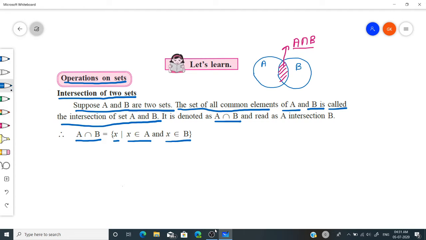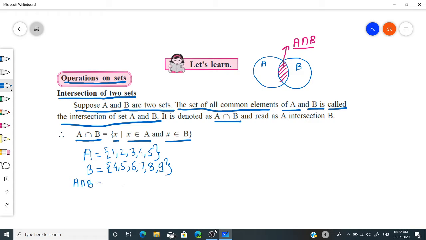Another example is in this way. Suppose here is the set A having the elements 1, 2, 3, 4, 5, and B set having the elements 4, 5, 6, 7, 8 and 9. Then which elements are present in set A intersection B?